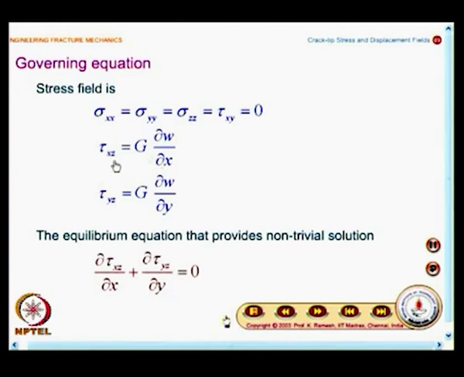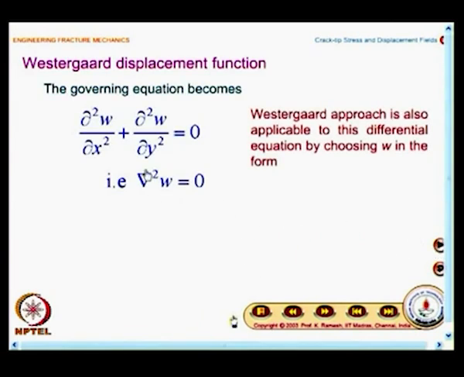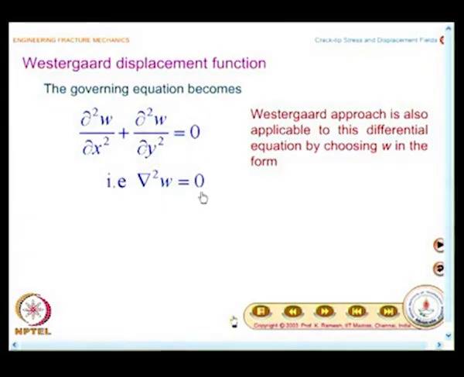So, I substitute the expression for tau x z and tau y z in this, and the result is I get a Laplace equation del square w equal to 0. It is a harmonic function. If I have a harmonic function, then this equation will be satisfied, and we have already seen all analytic functions are candidates for Airy stress function. So, that is how the link is.